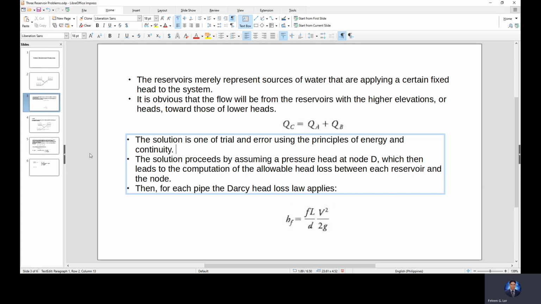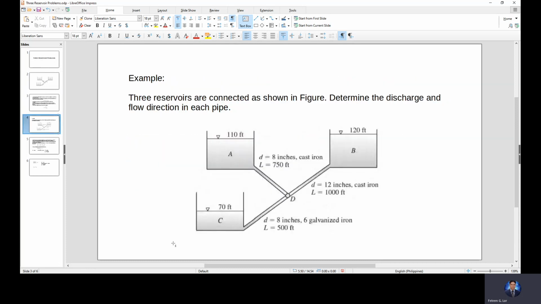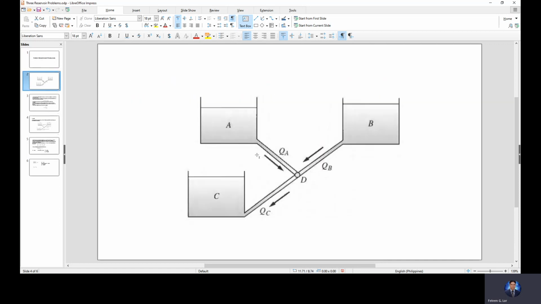So it is trial and error because we do not know the direction of the water from A to D. What we will do is assume that the water from A to D is not flowing. How do we assume that the water in this pipe is not flowing?